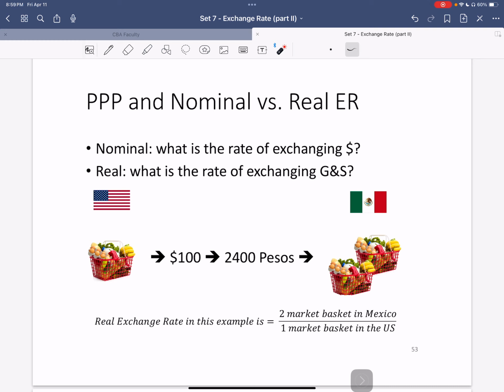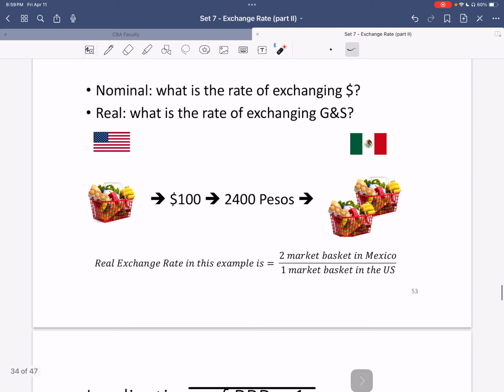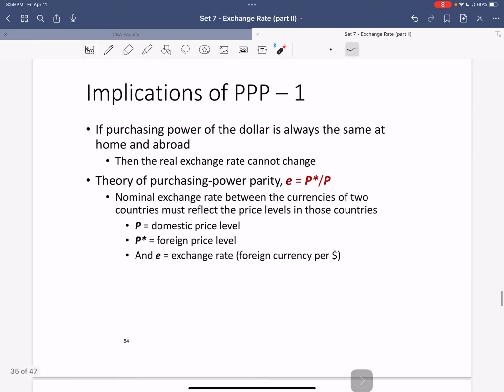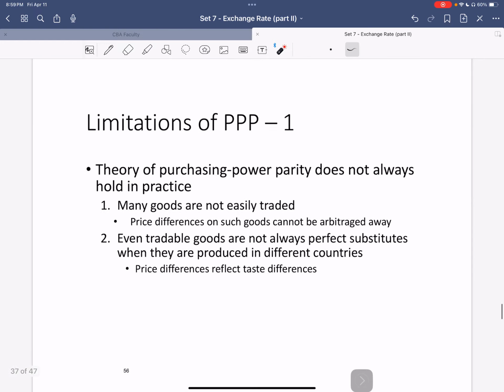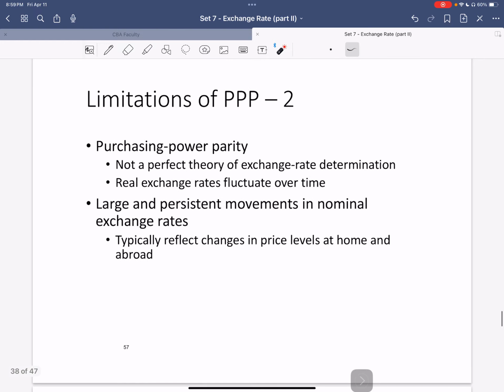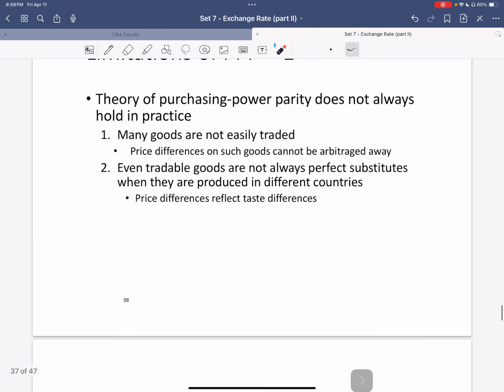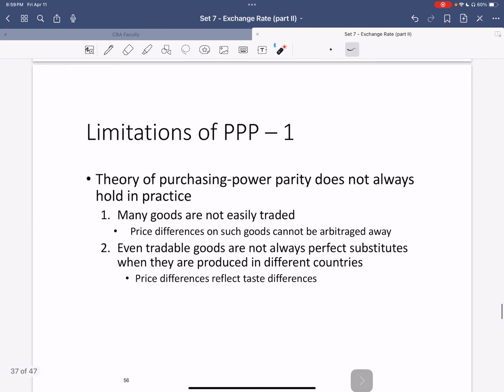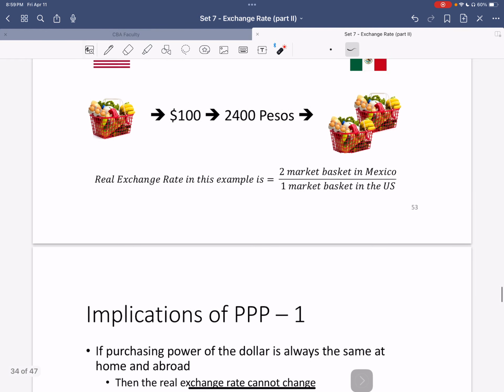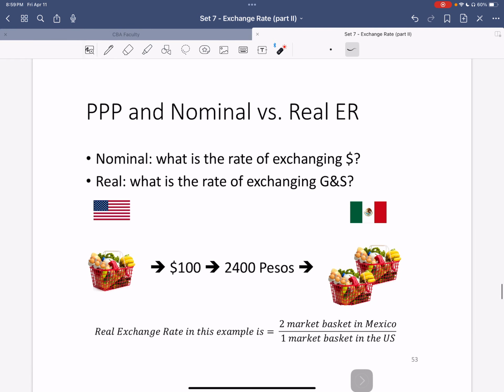So let me keep this as a practice because the rest of it is more of a review. I talked about limitations, that it is difficult to move and transport everything. I talked about the limitations of purchasing power parity, and the comparison of nominal and real exchange rates.